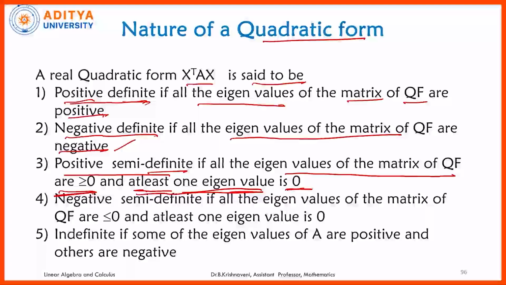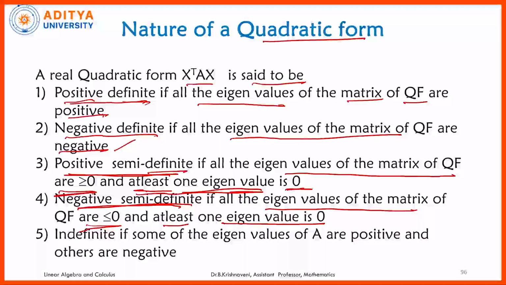Next is negative semi-definite. It is negative semi-definite when all the eigenvalues of the matrix are less than or equal to 0, and at least one eigenvalue is equal to 0.